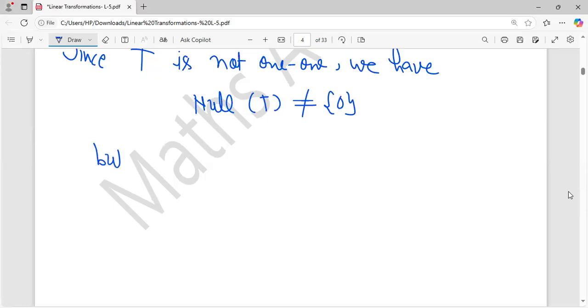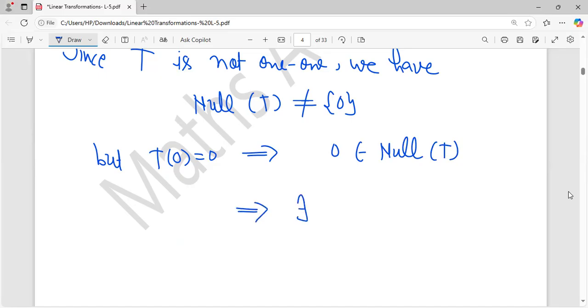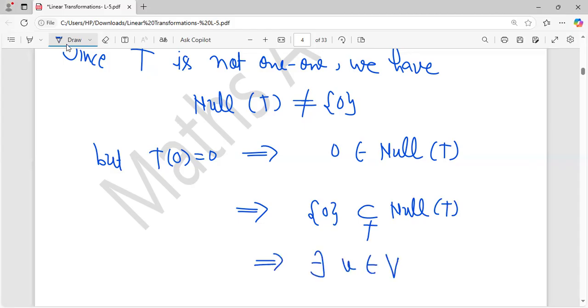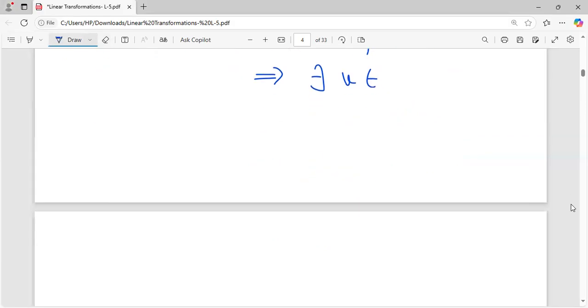But T at 0 is 0, so 0 always belongs to the null space of T. So this implies {0} is properly contained in the null space of T. So this implies there exists v belonging to V, in the null space of T, such that v is not equal to 0.